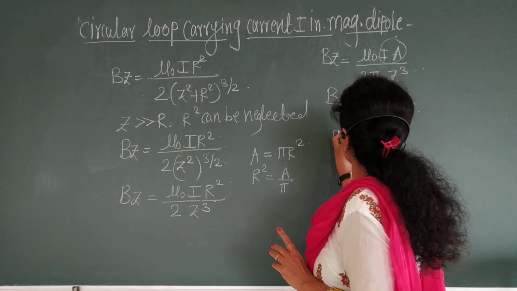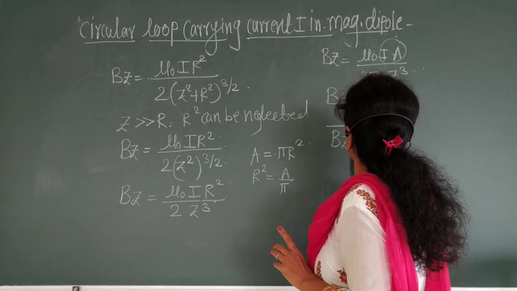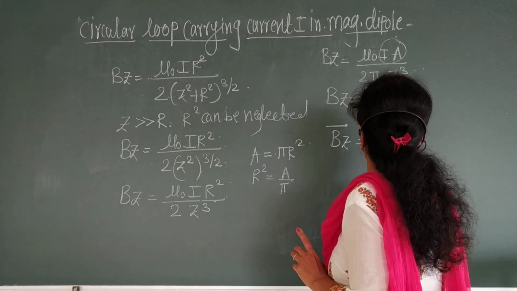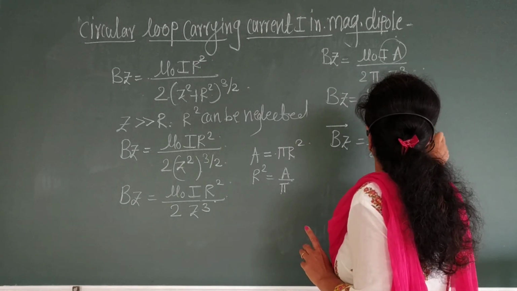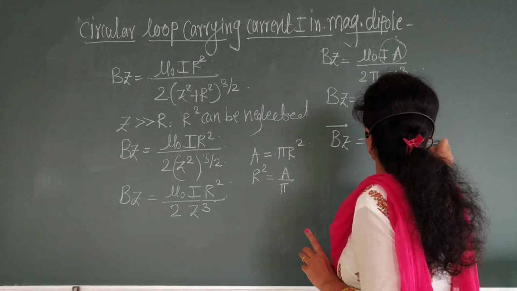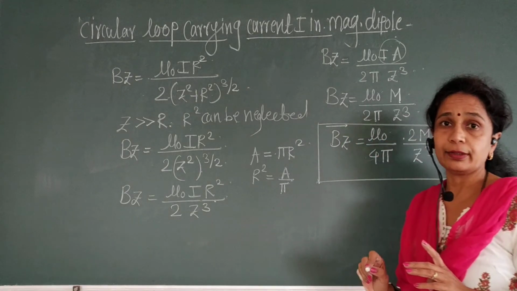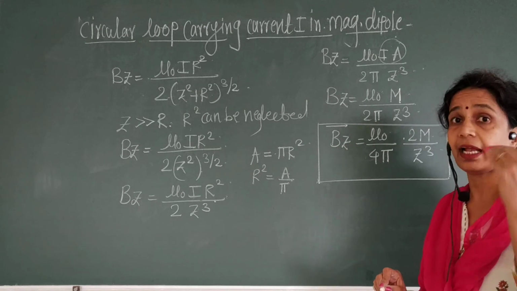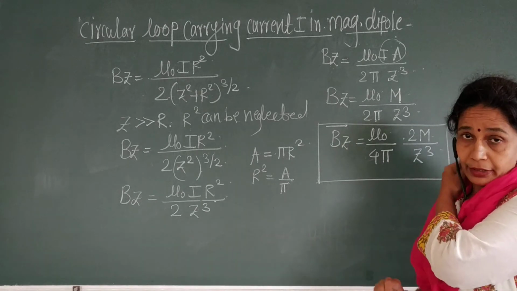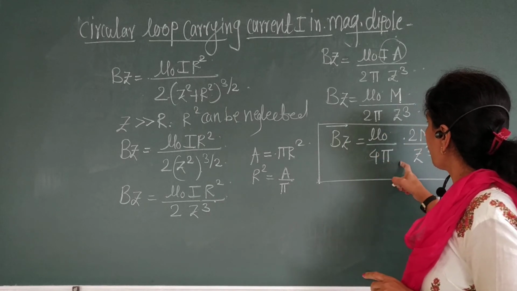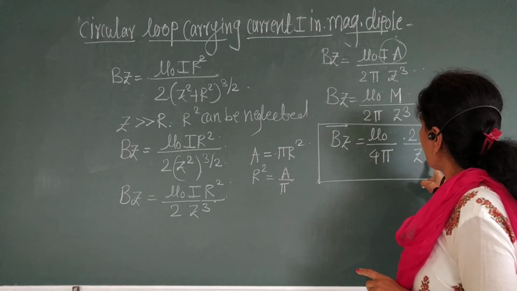This equation can be written as Bz vector is equal to mu 0 upon 4 pi into twice M upon z cube. This is the value of the magnetic induction at an axial point at a large distance.